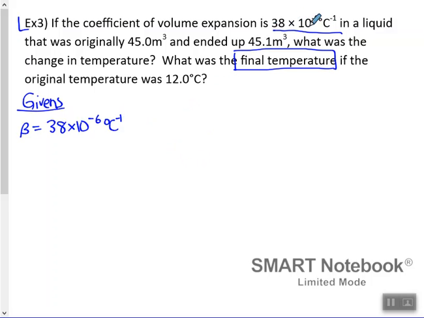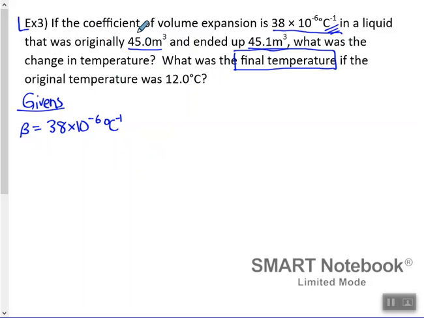If I was unsure what this number was, if I was having problems reading through and getting the information from this question, I could always look at the units. Anytime I have a degree Celsius to the -1, I know that's going to be a coefficient. Anytime I have anything in meters, I know that's either going to be a length or a change in length. So we have something that was originally 45 meters cubed and ended up being 45.1 meters cubed.